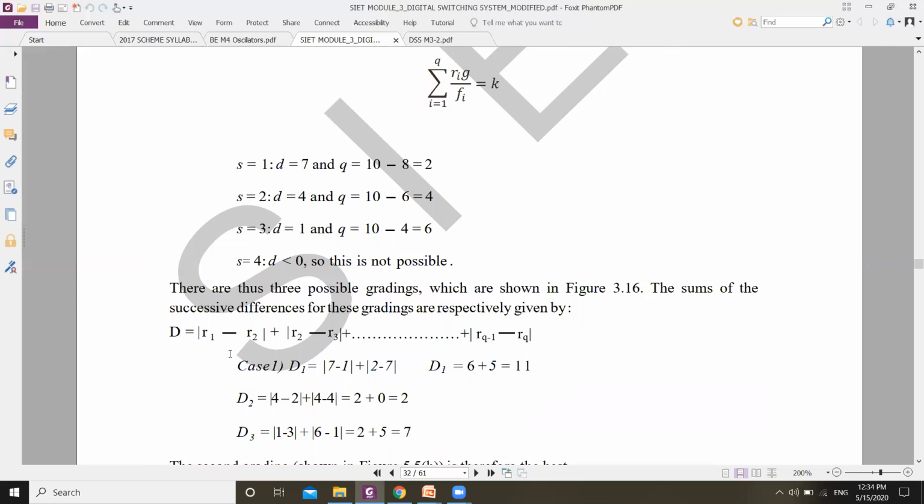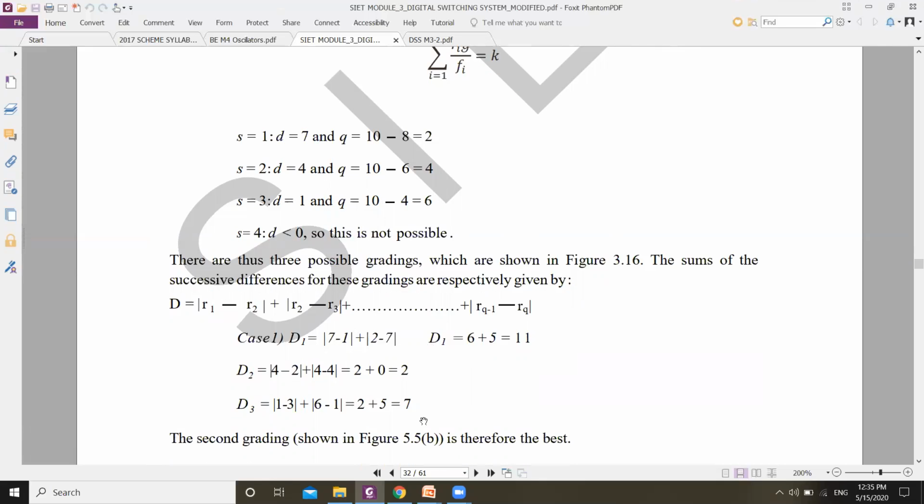Substituting over here, we get D1 is equal to 7 minus 1 plus modulus of 2 minus 7. 7 minus 1 gives you 6 and 2 minus 7 gives you minus 5, taken as modulus. So 6 plus 5 is equal to 11. Similarly, D2 is equal to 2 and D3 is equal to 7.